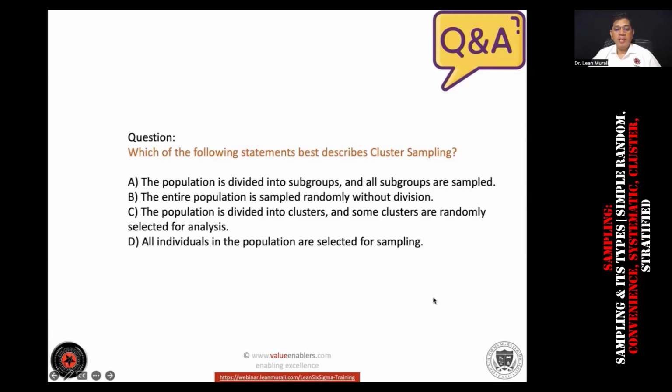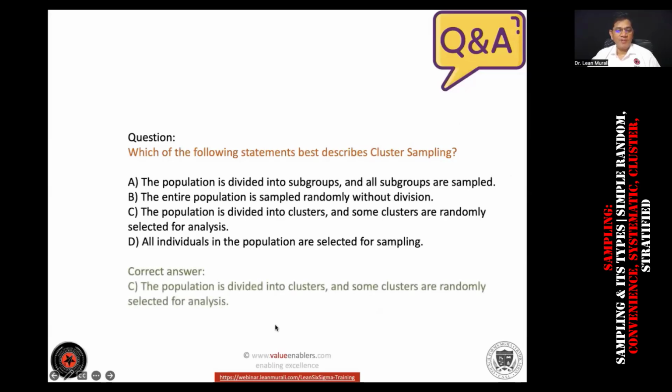All individuals in the population are selected for sampling. Now, I think all of you will tell the right answer. Fantastic. Congratulations. Those who typed C, C is the right answer. Give a pat on your shoulders that you have answered right.